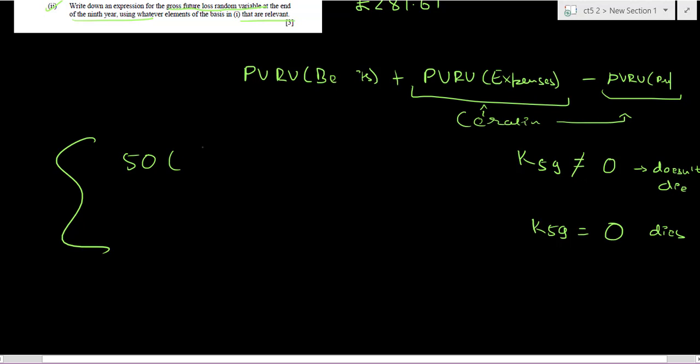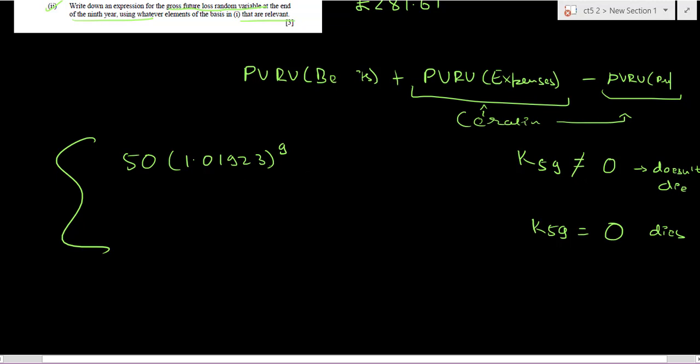So this amount would be equal to 50 times 1.01923, right? It is payable at the beginning of the 9th year, and it would have increased for 9 years, so 1.01923 to the power of 9, as 9 increases have happened. So that would be your amount of expense, which is payable at the beginning of this year.